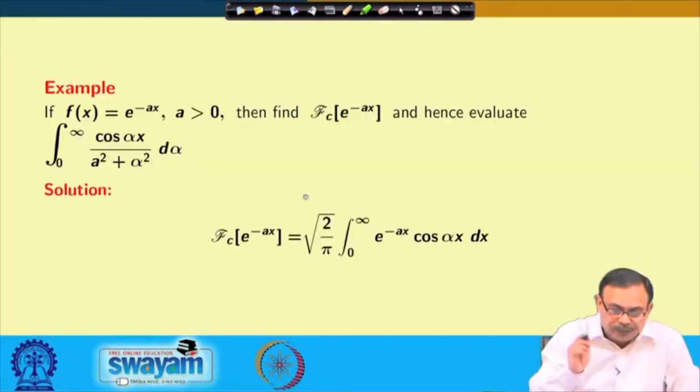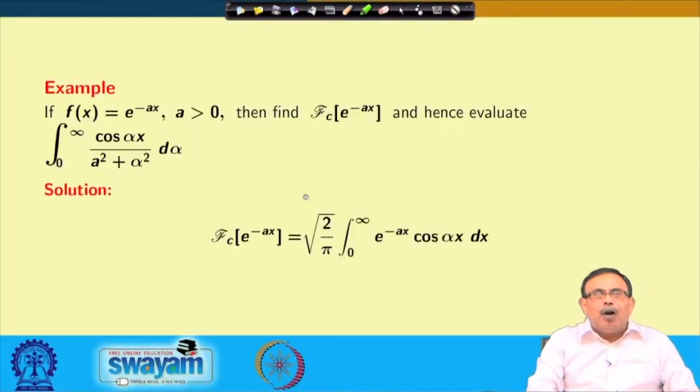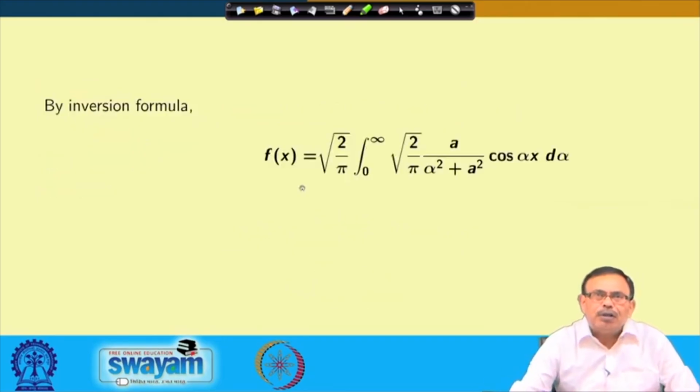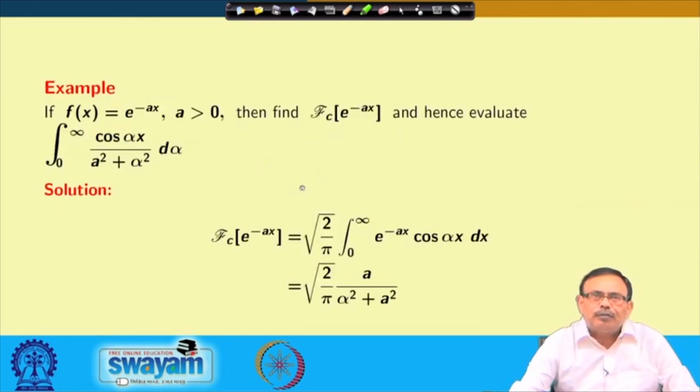So, let us see here, the Fourier cosine transform of e^(-ax) is nothing but root over 2 by pi times the integral from 0 to infinity of e^(-ax) cos(alpha x) dx. Using the earlier value, we can write the value of the given integral as a by (alpha square plus a square).